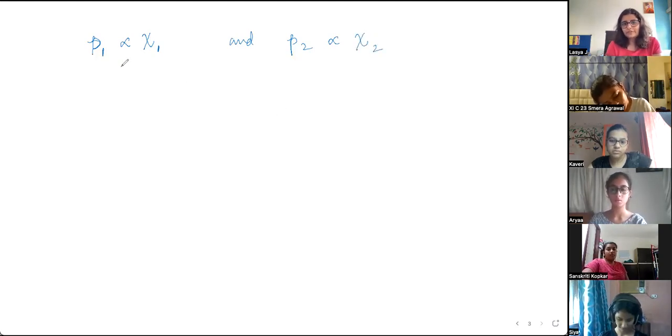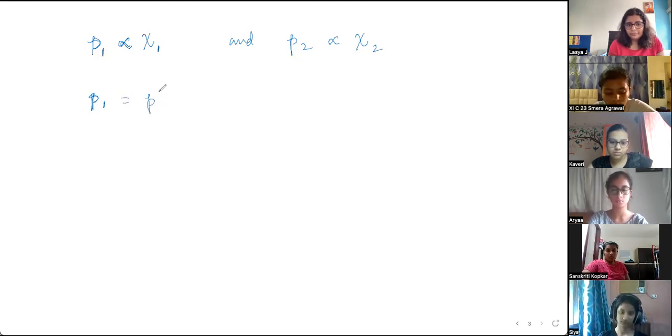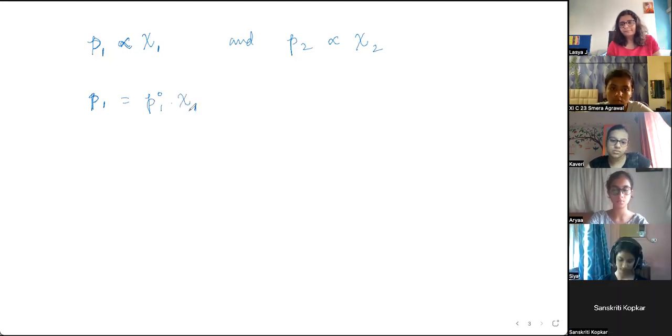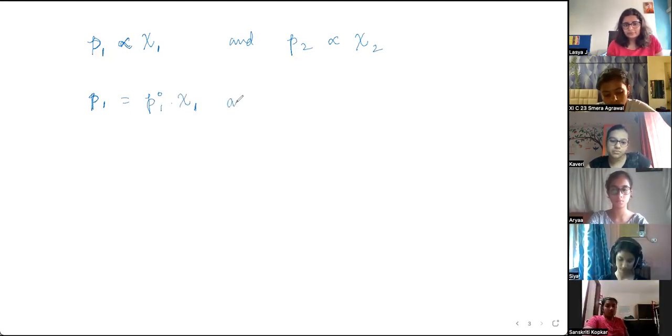Now, if we remove the constant of proportionality, it is found that the partial pressure P1 will be equal to P01 times the mole fraction of 1, and the partial pressure of the second one, P2, will be P02 times the mole fraction of 2.